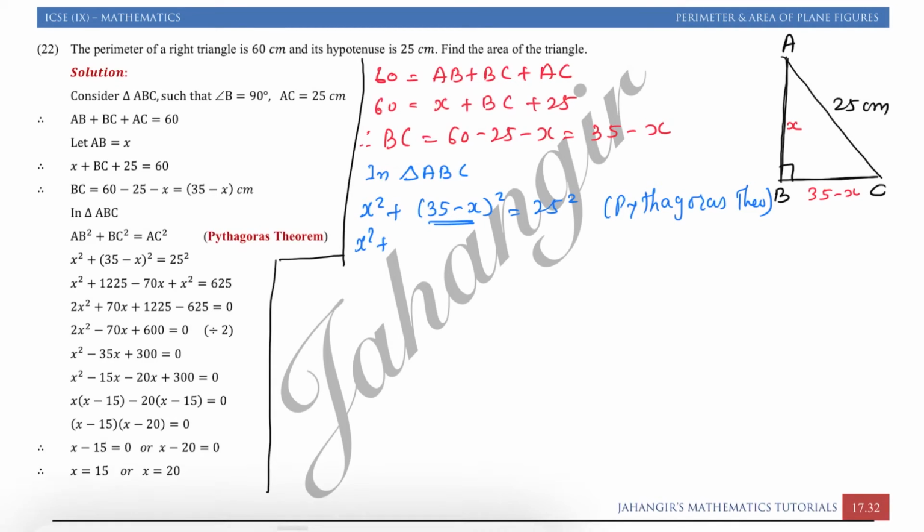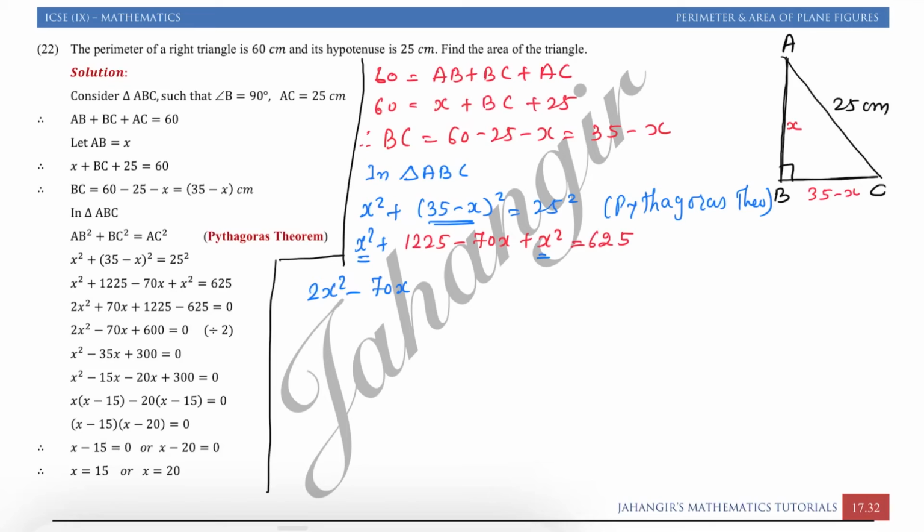So a square is 35 into 35, 1225, minus 2 into 35 into x, 70x, plus x square, which is equal to 625. So we can say x square plus x square is 2x square minus 70x.